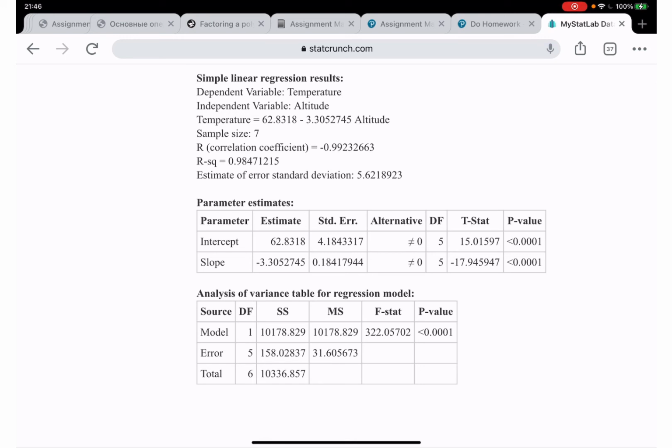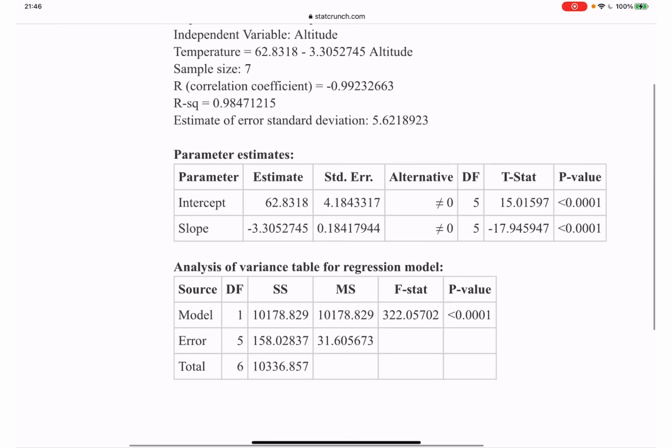And the unexplained one is going to be 158.0203.